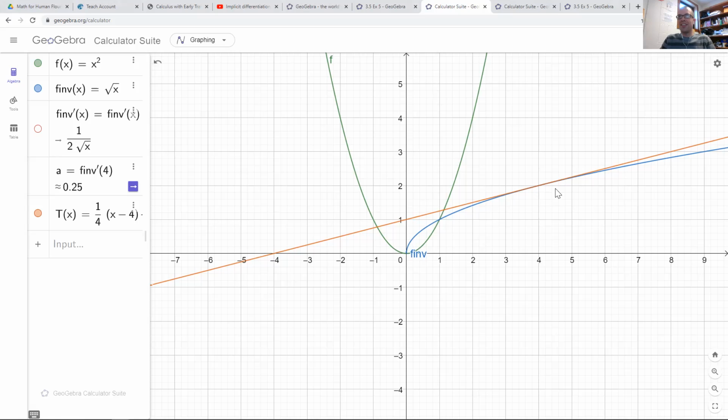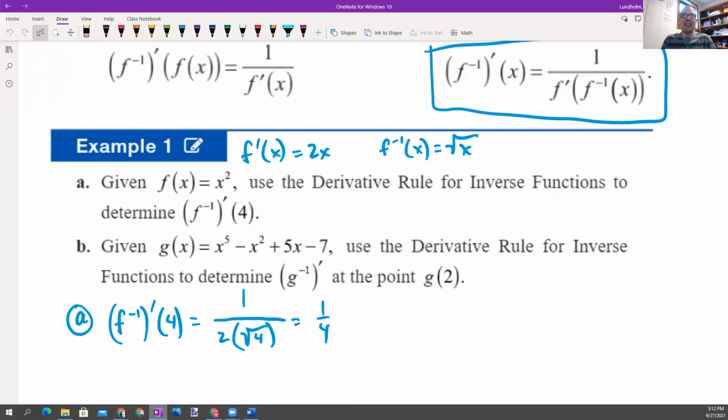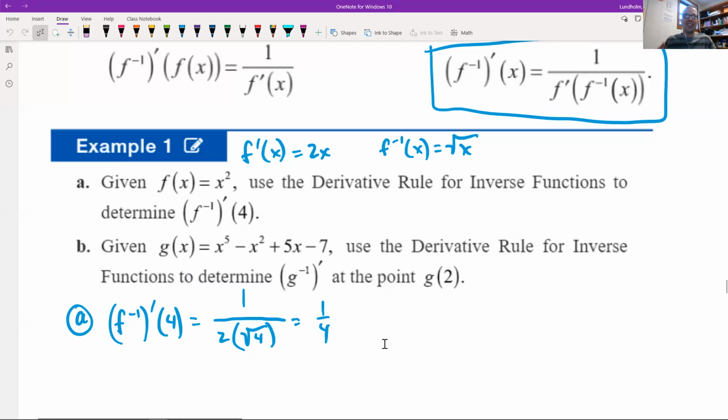So 1/4 is the right thing. This new way of calculating it could be kind of bothersome, but it allows us to find the derivative of an inverse function without actually finding that function explicitly.